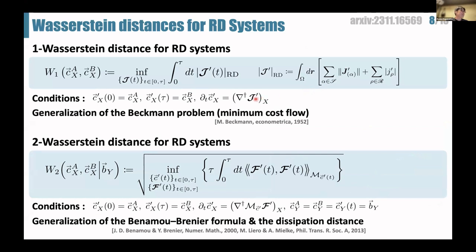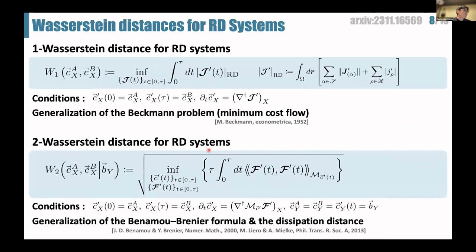The 1 Wasserstein distance for reaction diffusion systems is obtained by this minimization problem, which is a minimum cost flow problem, which is a generalization of the Beckmann problem. This is one expression of the 1 Wasserstein distance. And we also can generalize the 2 Wasserstein distance to reaction diffusion systems via the Benamou-Brenier formula, which is the well-known expression of the 2 Wasserstein distance.